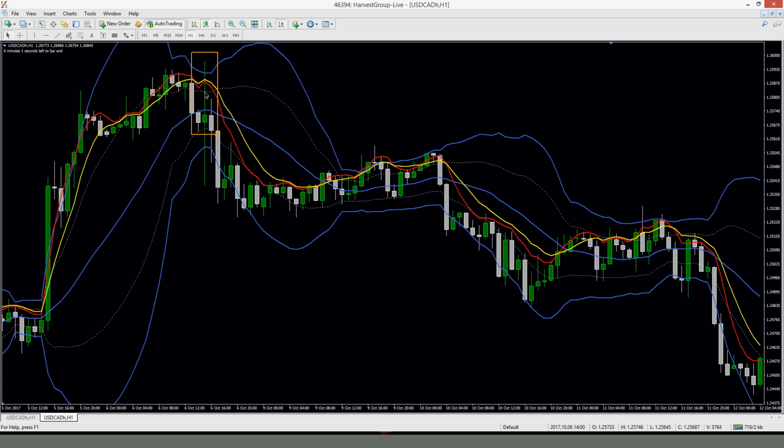Okay, so this candle, you have to understand that it rejects MA high 5 and MA high 10. It rejects both sell indicators, so it's a much more valid point of entry sell. However, you also need to take into account that it rejected top BB, rejected MA high 5 and MA high 10, it rejected deviation 1, and also rejected middle BB.